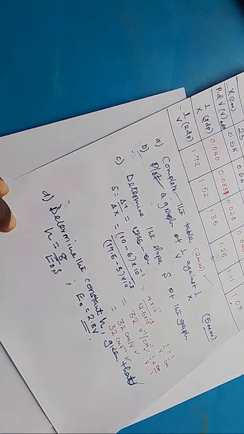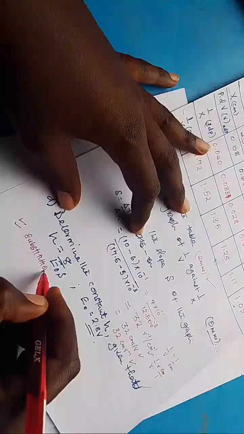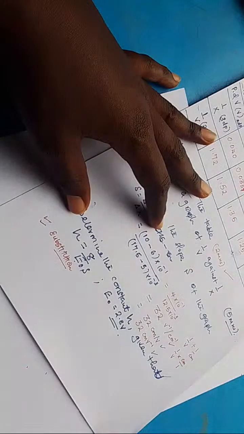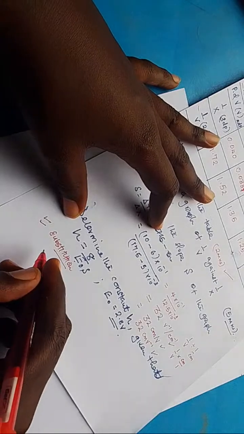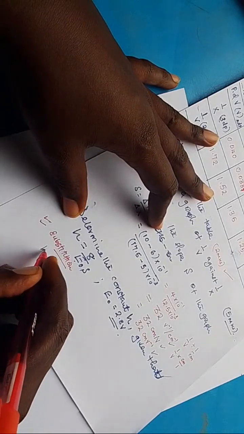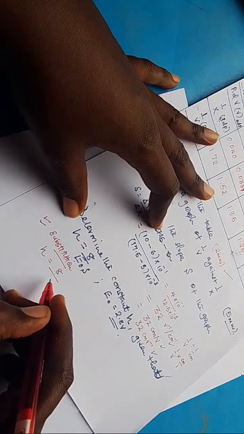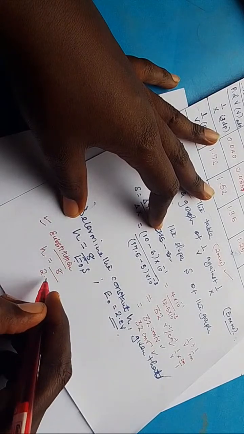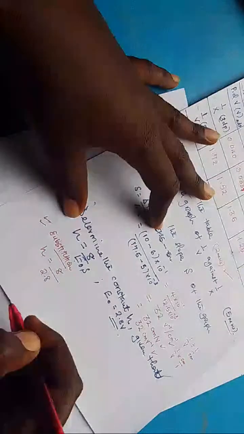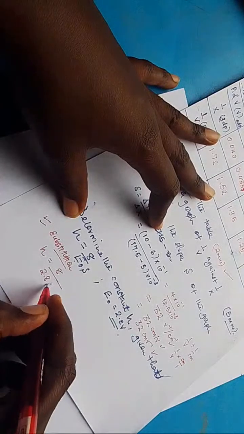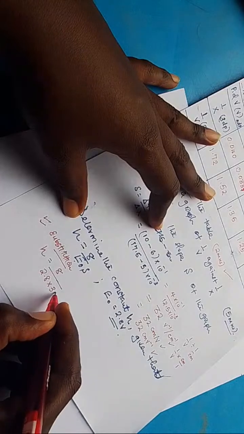Then what you need to do now, the first thing is do substitution, where you will say that our H will be given by 8, our 2.8 volts, and this one is multiplied by 32.